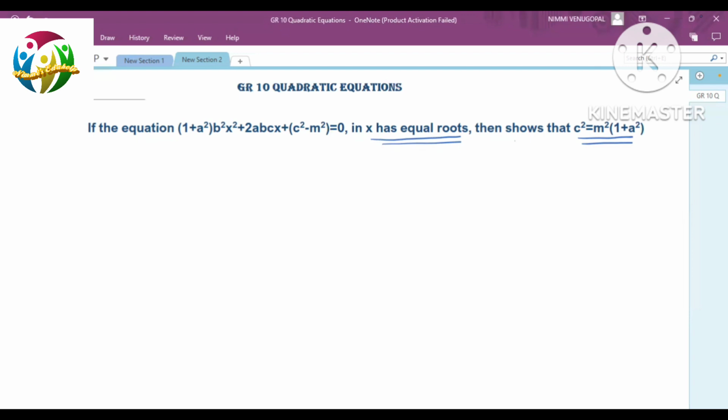In this question, it is given that x has equal roots. Equal roots means what? Discriminant is equal to 0. What is the discriminant? Discriminant is equal to b square minus 4ac.